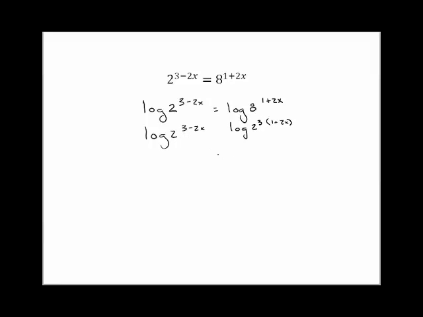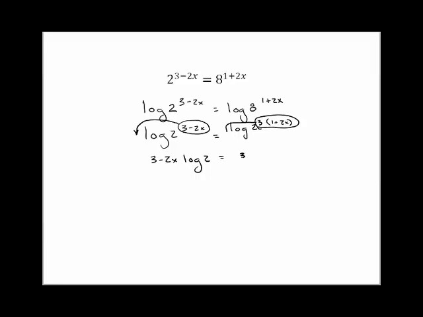So remember, we can take this and bring that exponent down in front. Now we're going to bring that whole exponent down in front. I forgot my equal sign here. So we've got 3 minus 2x times the log of 2.